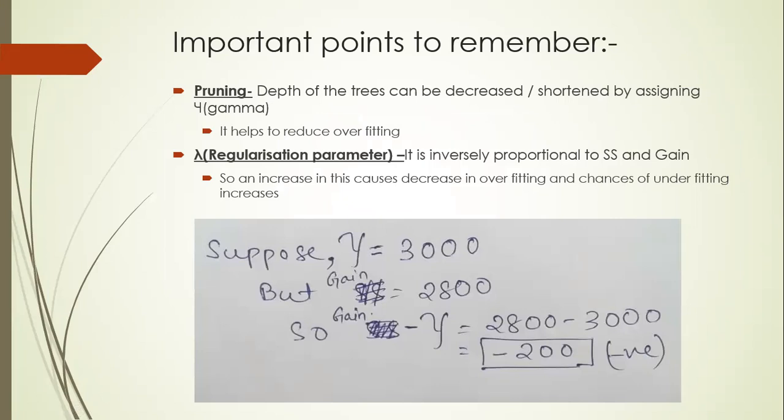Okay, what it will do is this gamma will start from the bottom of the tree, try to move towards the parent node of the tree, and at each node it will do one calculation, that is gain minus gamma.